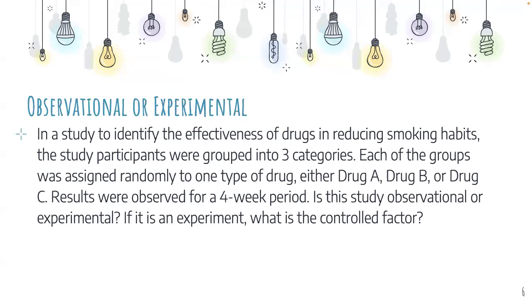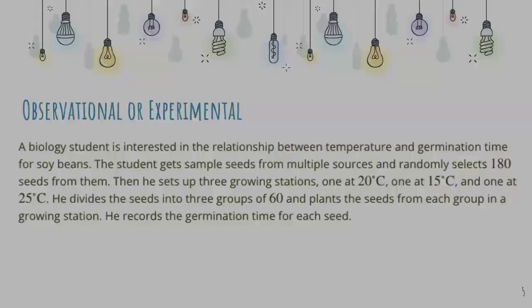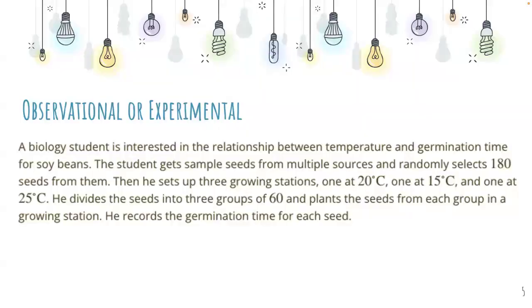The control factor is the drug being administered to each of the groups, right? So it is an experiment, and the control factor is what you are controlling in the study. In this case, the control factor is the type of drug. If we go back to the previous one, the control factor in there is the temperature in the growing station for the biology problem.